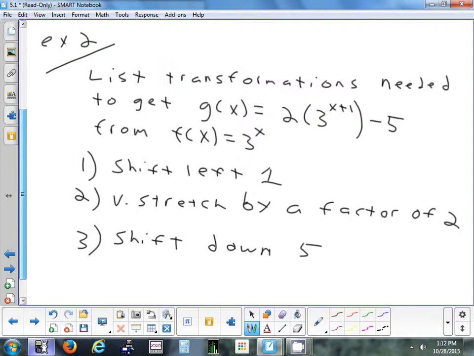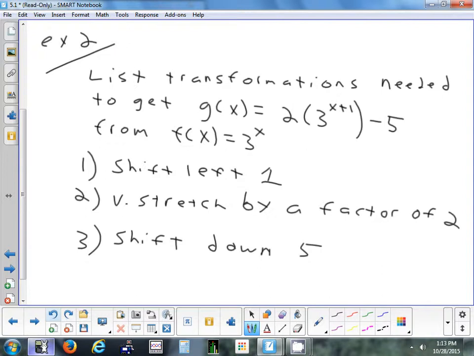Okay, so we had horizontal shift, we had vertical shift, vertical stretch. What's the only thing we didn't have? Horizontal stretch. Okay, and to do that, I'd have to stick a number in there. The reason I didn't do that is because when you go inside the parentheses, everything is the opposite of what you would think.